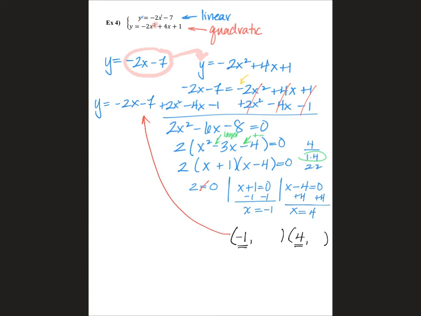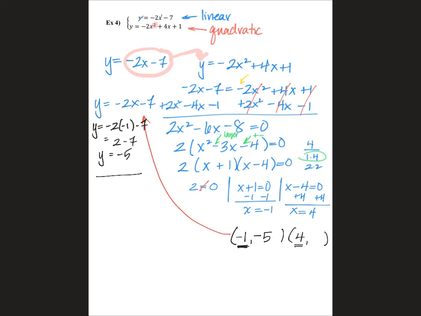So I have y equals negative 2 times negative 1 minus 7, which is a positive 2 minus 7, or a negative 5. So when I was looking at negative 1 as my x value to substitute, that gave me a negative 5 as an output. Okay, let's repeat the same process with 4.